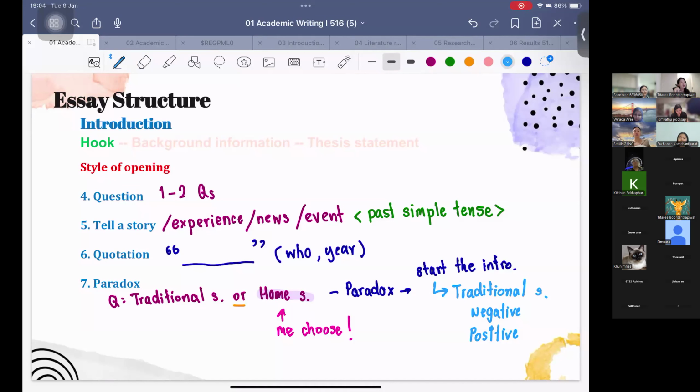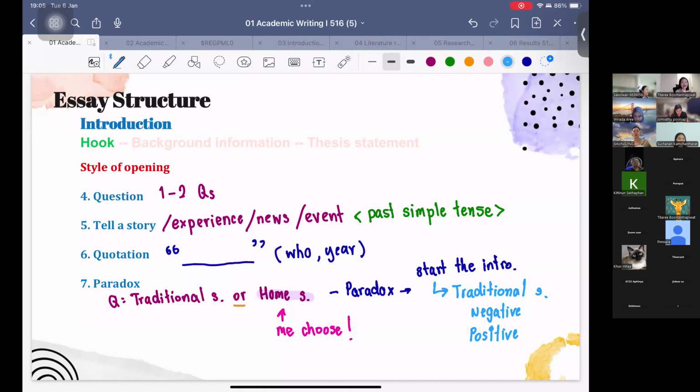So from 1 to 7 here, these are the opening styles that you can choose to use in your intro. I would not say which one is better, because most of the time it depends on you. Some people prefer to start off with a question because they are great at coming up with questions.